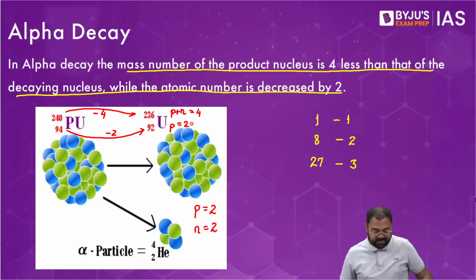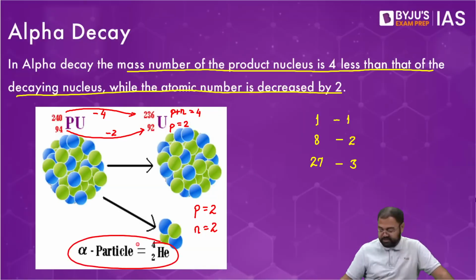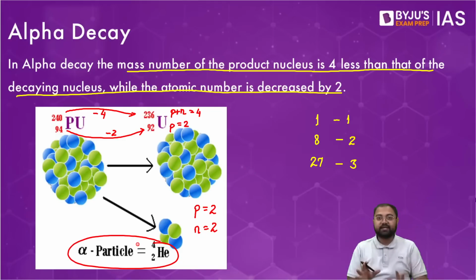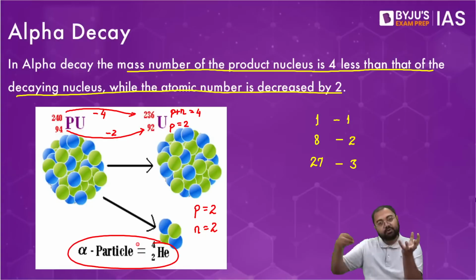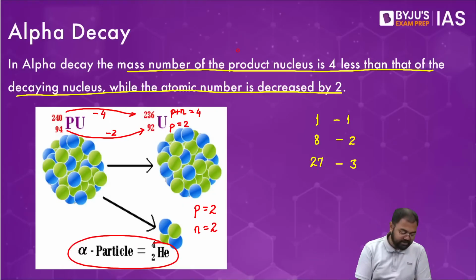So this is basically what is decreasing, and this is what an alpha particle is, which is equivalent to the helium nucleus, right? So basically in alpha decay, one helium nucleus is coming out of this heavy nucleus so that it can become relatively more stable compared to what it is right now.